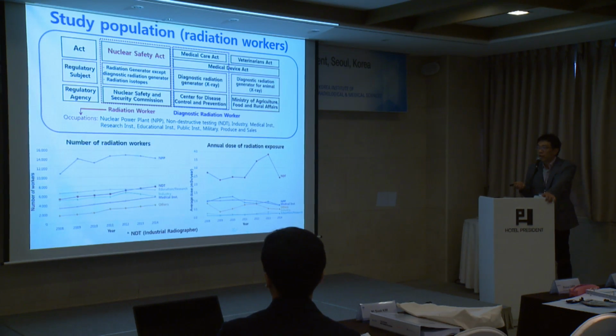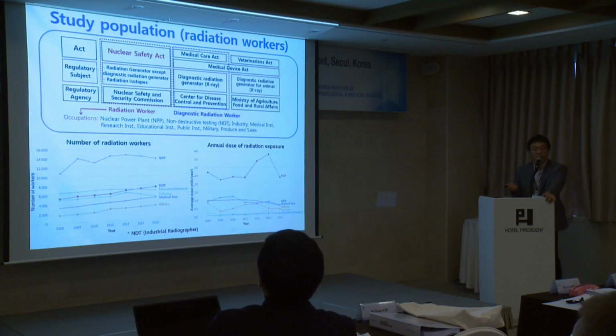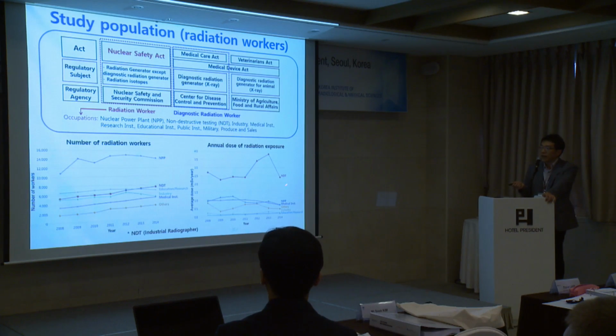For the annual dose of radiation workers, their radiation doses are quite well managed under the dose limit of 20 millisievert per year. But still, the NDT industrial radiographers have relatively higher doses than other occupation groups.